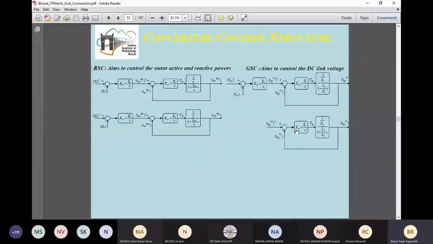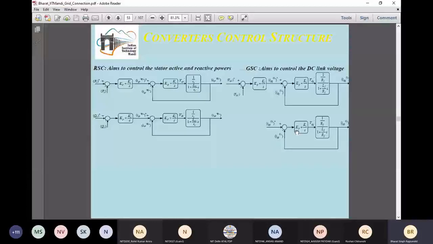Here I would like to give one more input, that if we want to utilize the grid side converter for different operations, we need to make sure that its rating is also augmented so that it can provide the reactive power, because mostly the grid side converter is designed to process only the active power which is coming or going into the rotor circuit.